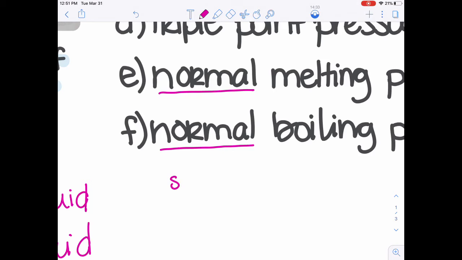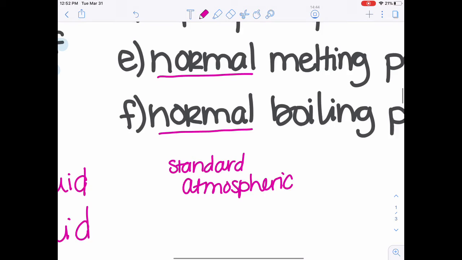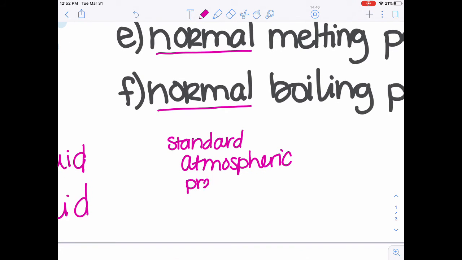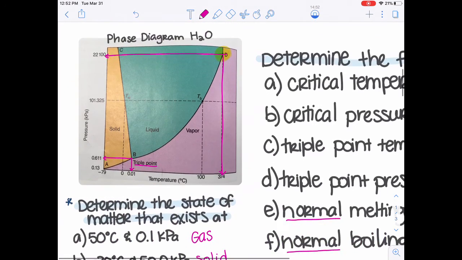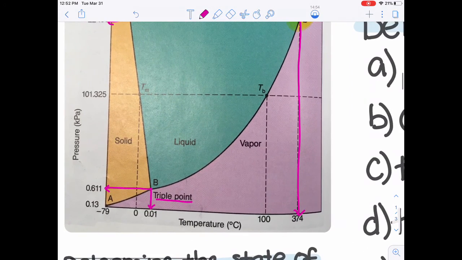The normal melting point, again, the word normal in this one implies we are going to pull that data from standard atmospheric pressure, which is, of course, 101.325, which is why our phase diagram has a dotted line all the way across at that standard pressure, this dotted line right there.